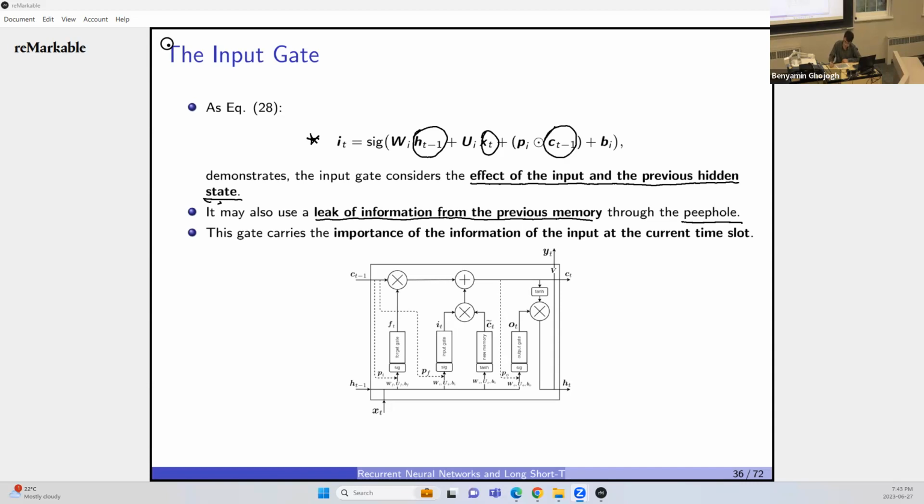Leak of information from ct minus 1, okay? This gate carries the importance of the information of the input at the current time slot. So how important the input xt is with respect to ht minus 1. If it is important, then ui gets large and wi gets small. If it's not that important, ui is small and wi is large, which means copy the previous state, okay? So that's why we call it the input gate, hence the name, okay?